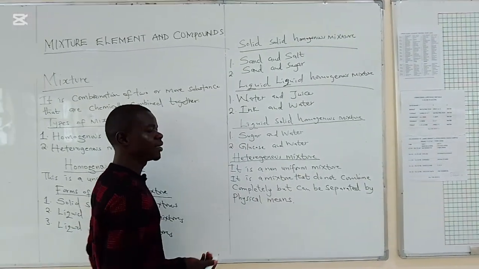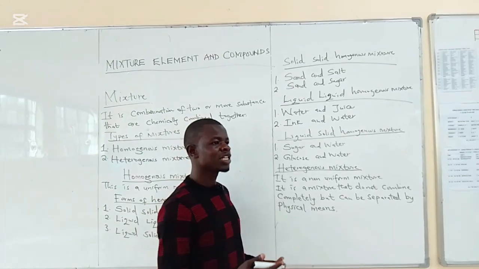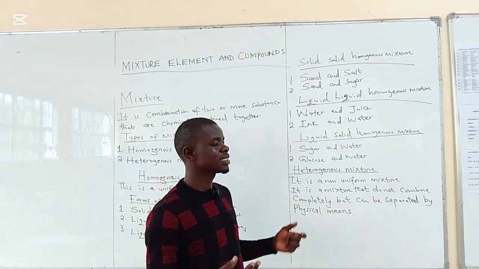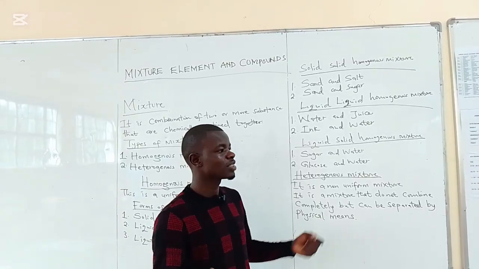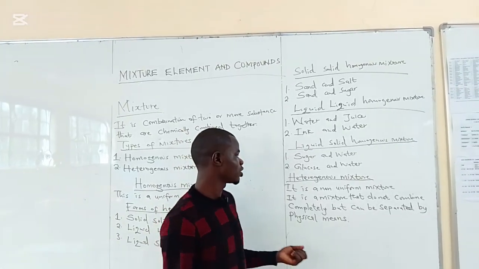So here you can be able to separate different kinds of substances or mixtures that you bring together physically. You can use a pair of hands, or maybe filtering and so on.